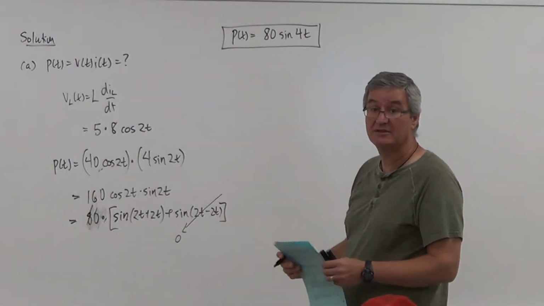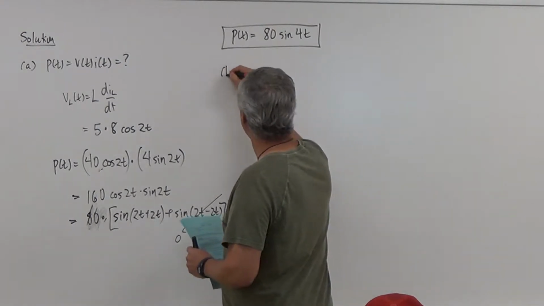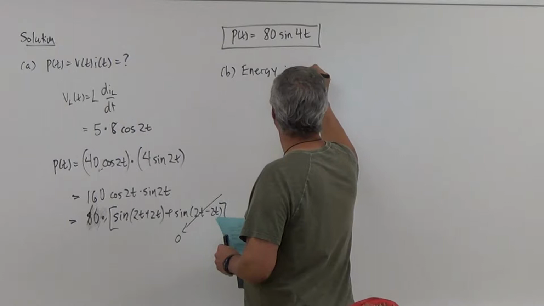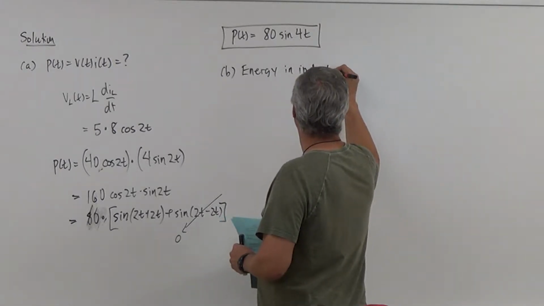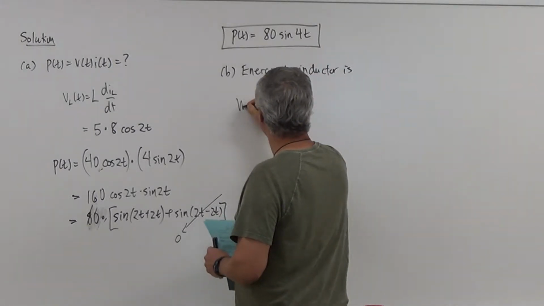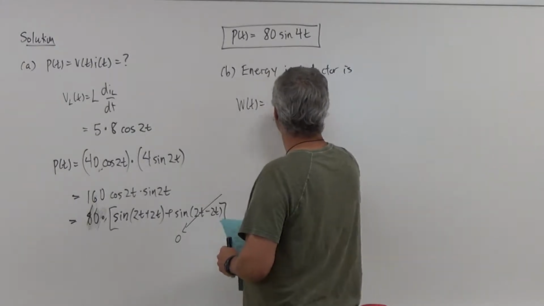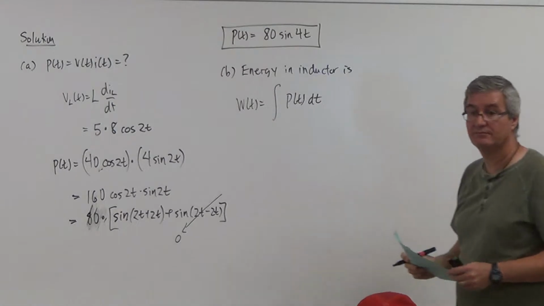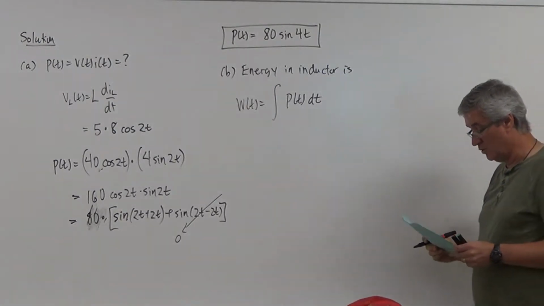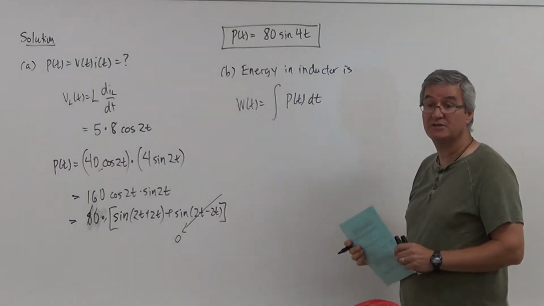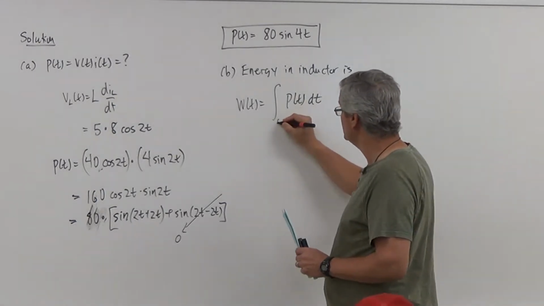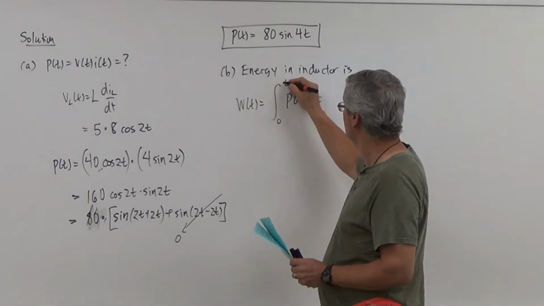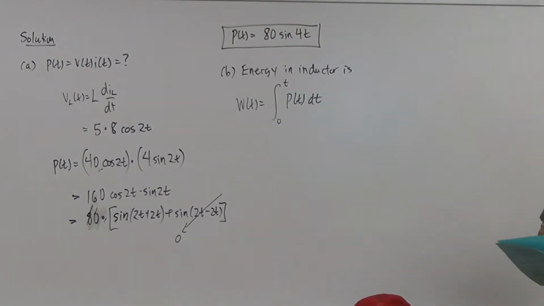So now if I'm looking at the energy here, so if I look at B here, the energy in the inductor is then this work function where I got to integrate the power as a function of time. So since I want this as a function of time, I know that I'm starting off at 0, that's when the current is 0, and then I'm going to integrate this to a factor of t.